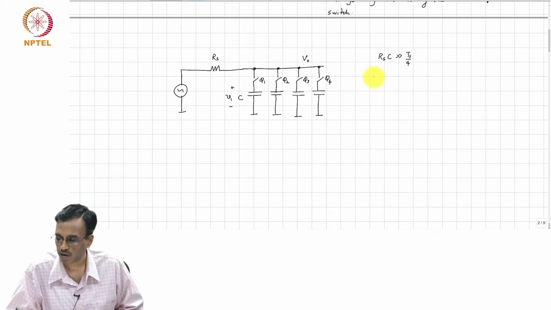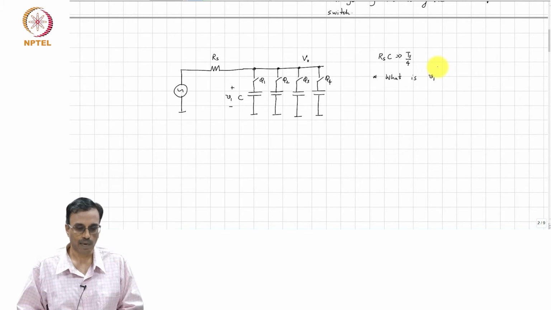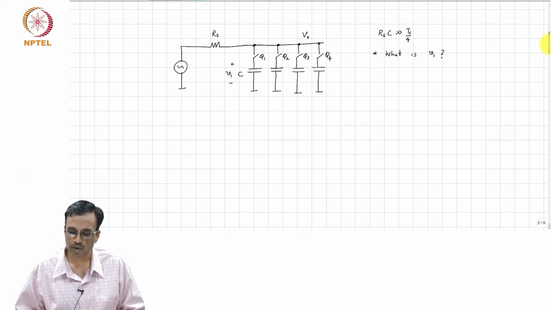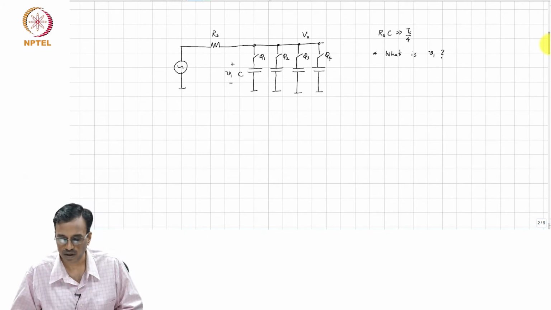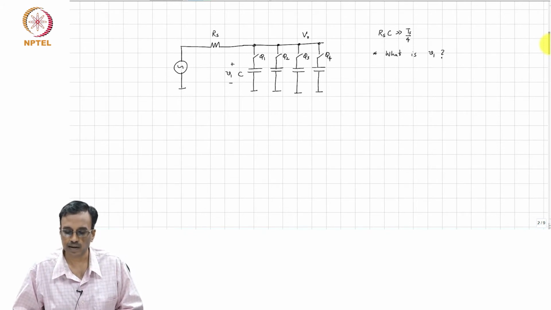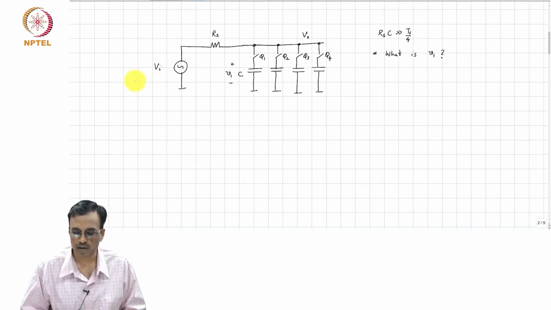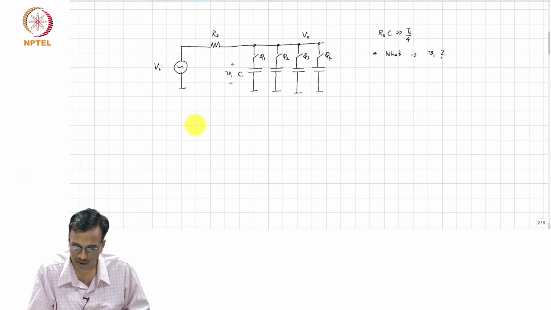So, the question we are trying to answer is what is V1, that is the voltage across the capacitor C. To do that, when the first capacitor is connected to the source Vi, the equivalent circuit basically looks like this.